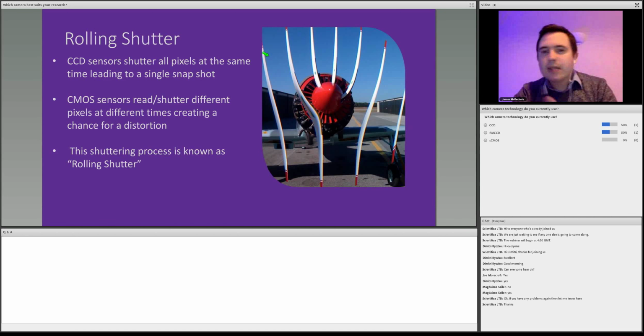So this isn't normally a problem for imaging in day-to-day life, but where you start to notice it is if you're making measurements of a sample that is moving very quickly, then you can start to see distortions. This is also true if you're using a CMOS camera to make measurements of intensity change.